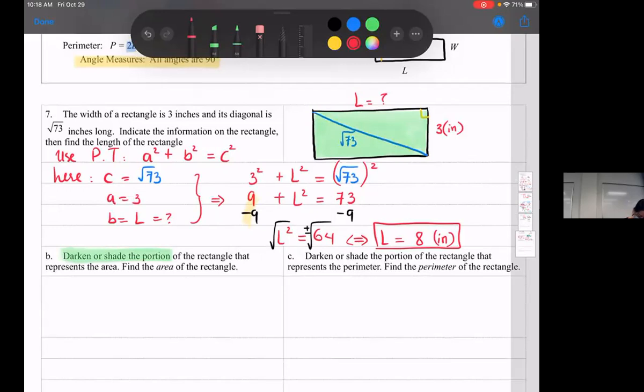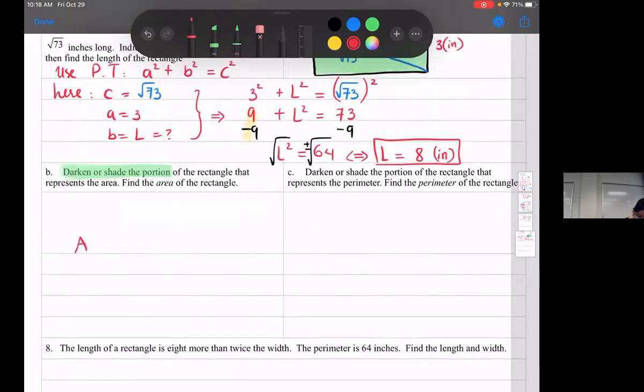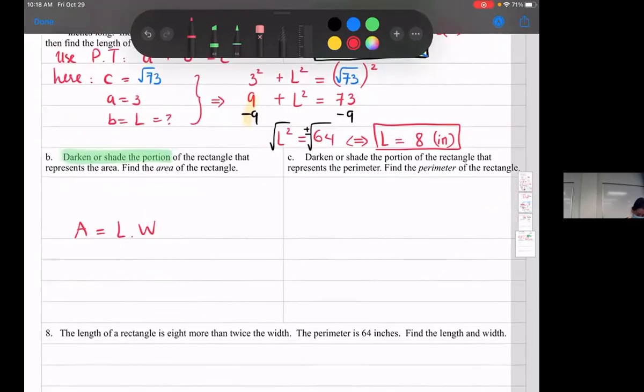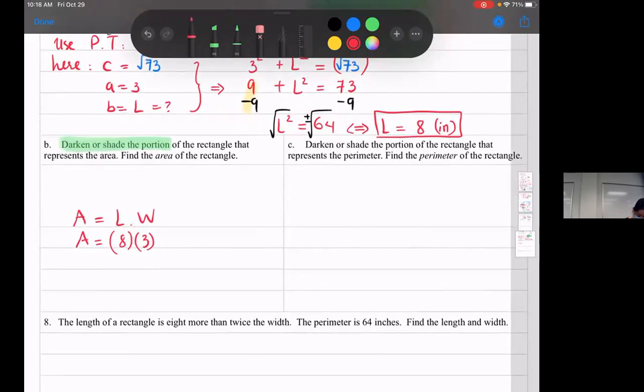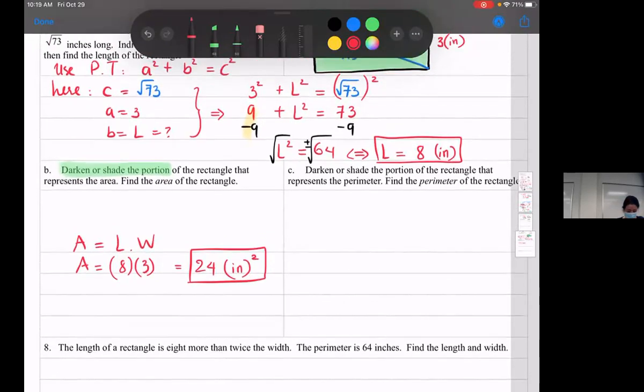Area is length times width. Length is 8, which we just found. What's the unit? Square inches. The reason is square inches is because inch times inch is inch square, right? That's it. Simple.